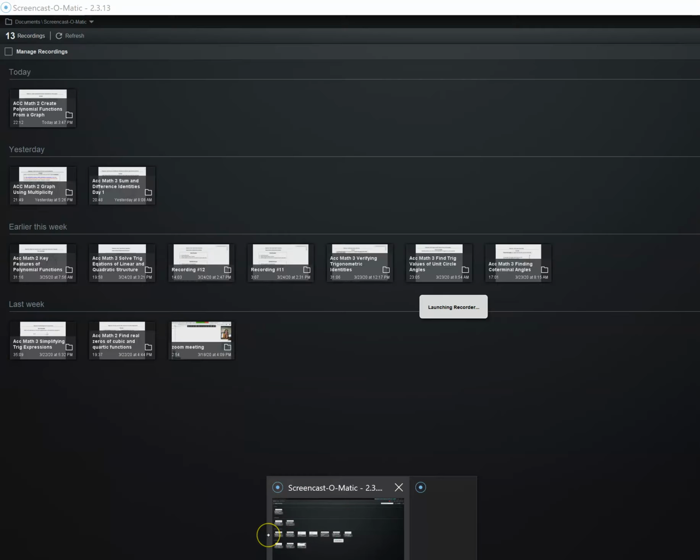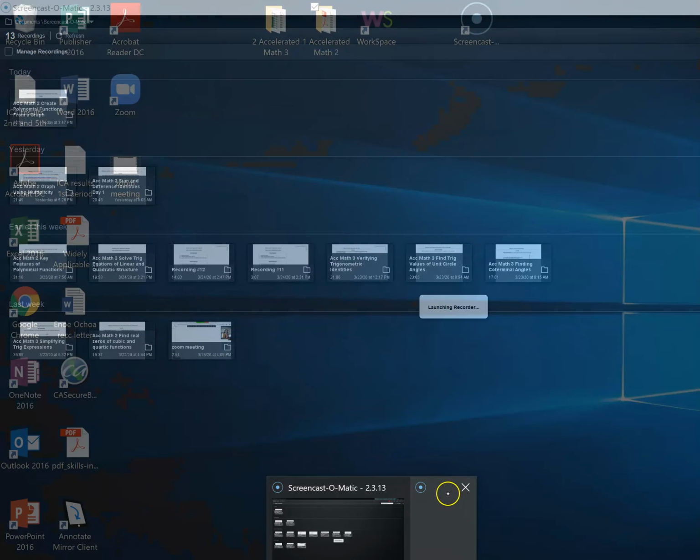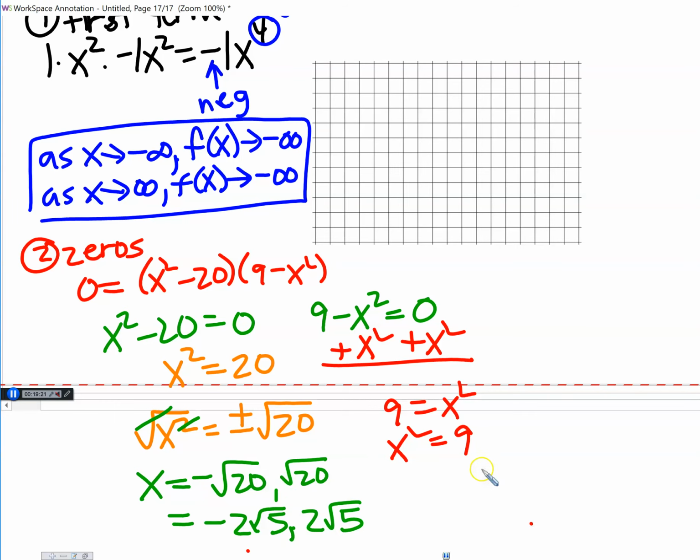And taking the square root of both sides, we get x either equals negative 3 or positive 3.